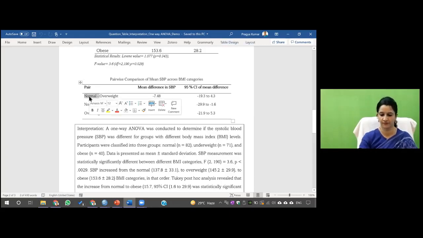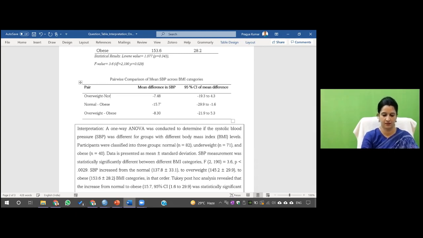See, I'll delete this minus, normal, and remove this sign. And I'll add this minus here, plus here. Similarly, I'll do this, obese minus normal.